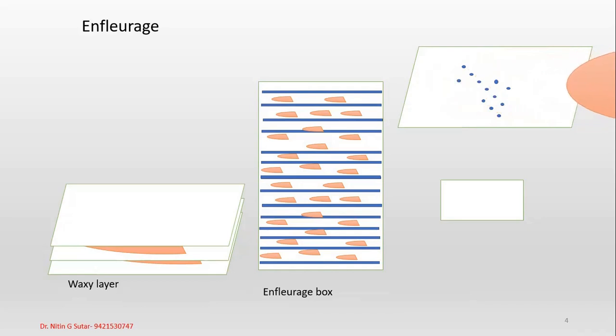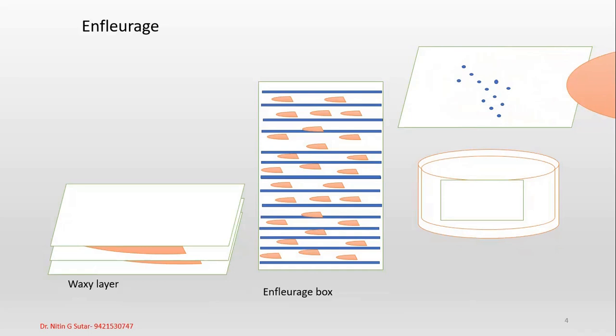This waxy layer is dipped into a pot containing a solvent, such as alcohol or methanol, with some warming given, so that the oil is not affected but the wax is melted.